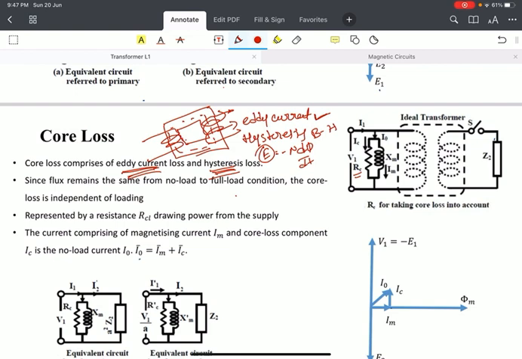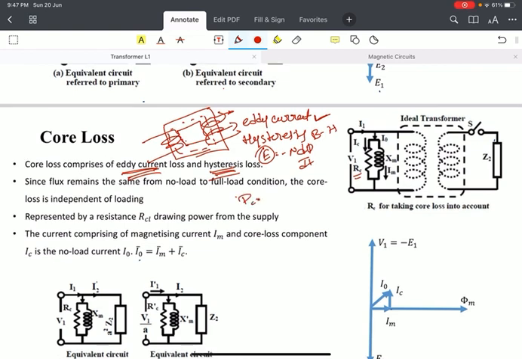As we know, it is a resistive loss. Pc is the core loss. It can be represented in terms of a resistance Rc in the primary of the transformer. So Pc is equal to Ic square into Rc, where Rc is the core loss component of the transformer, and Ic is the core loss current in the primary of the transformer.